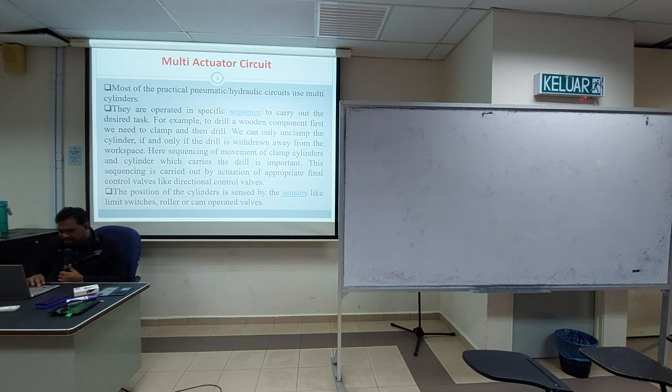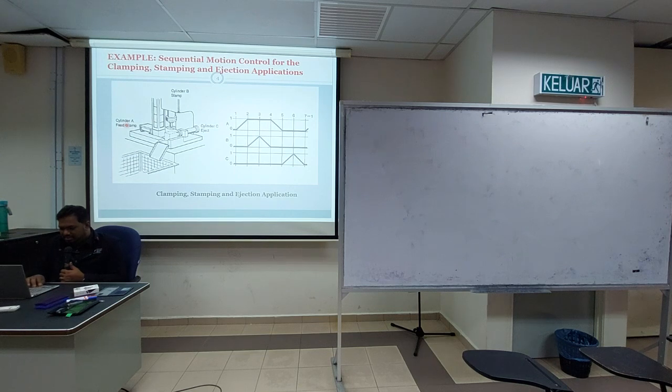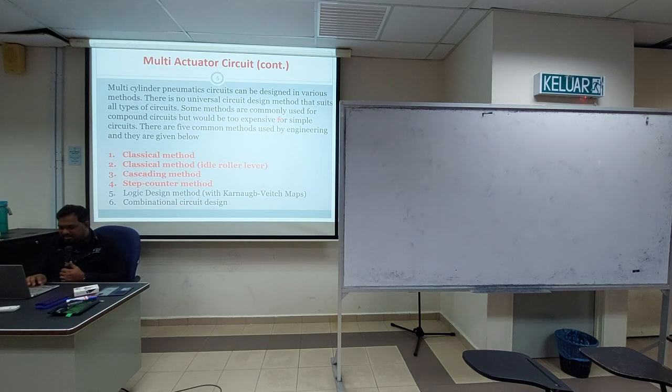Dia ada sensor dekat cylinder, and it can be a limit switch, a roller switch or a cam operated valve. This is for 3 cylinders A, B, C. Applications include feeding, clamping, stamping and also ejecting, with 3 cylinders or 2 cylinders.